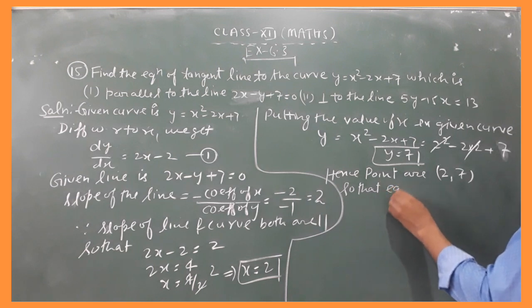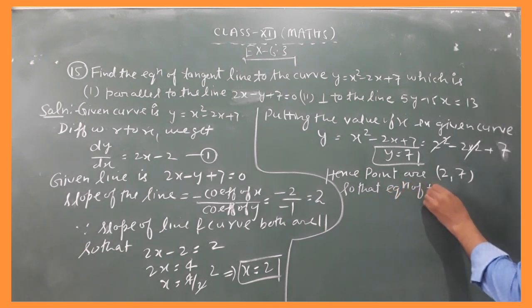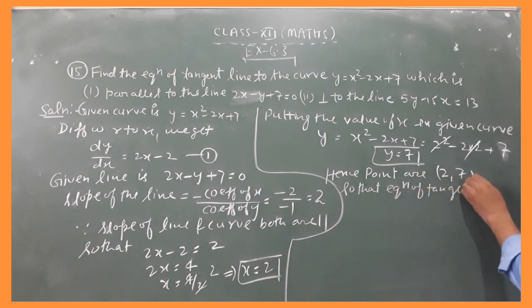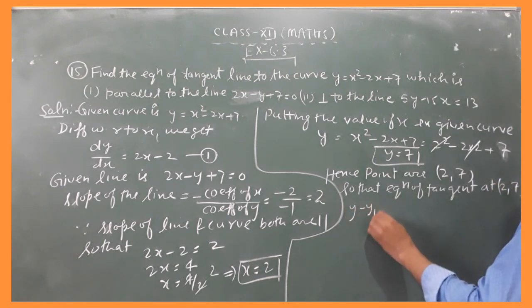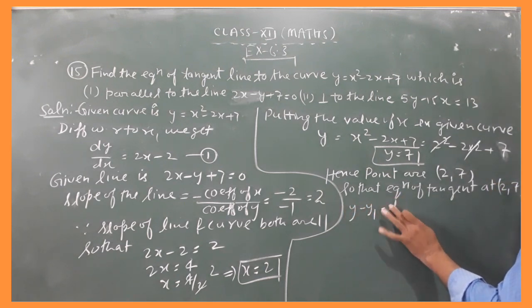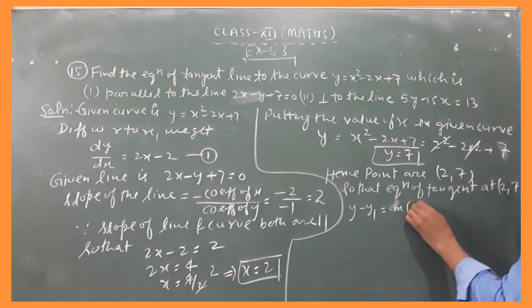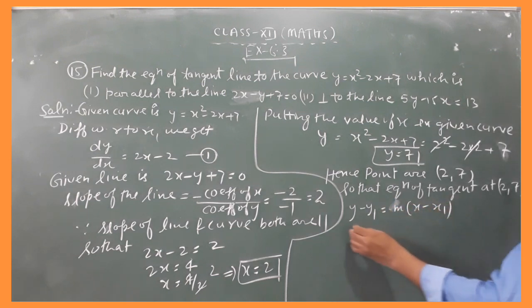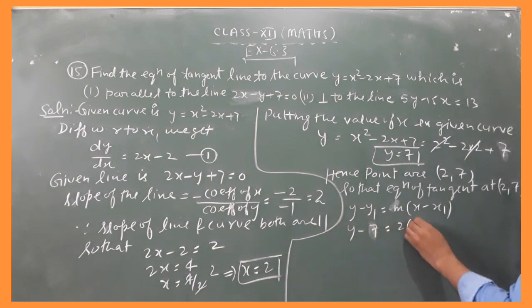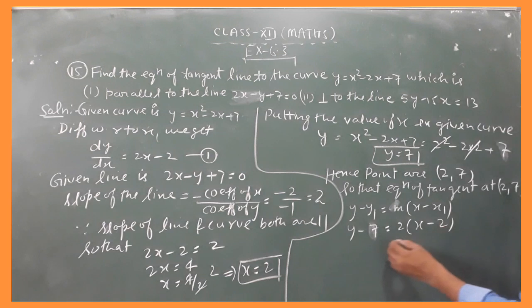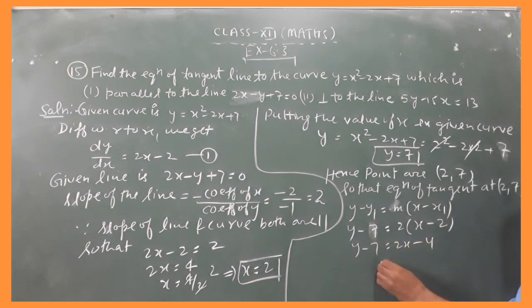So the equation of tangent at 2, 7: y minus y1 is equal to m times x minus x1, y minus 7 is equal to 2 times x minus 2, y minus 7 is equal to 2x minus 4.